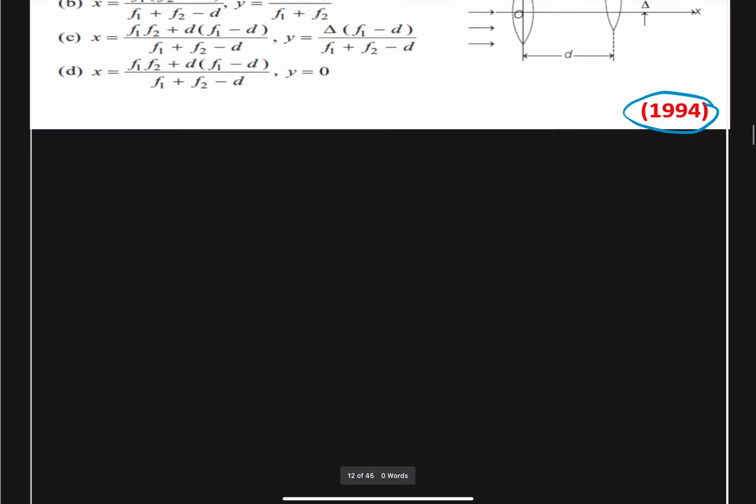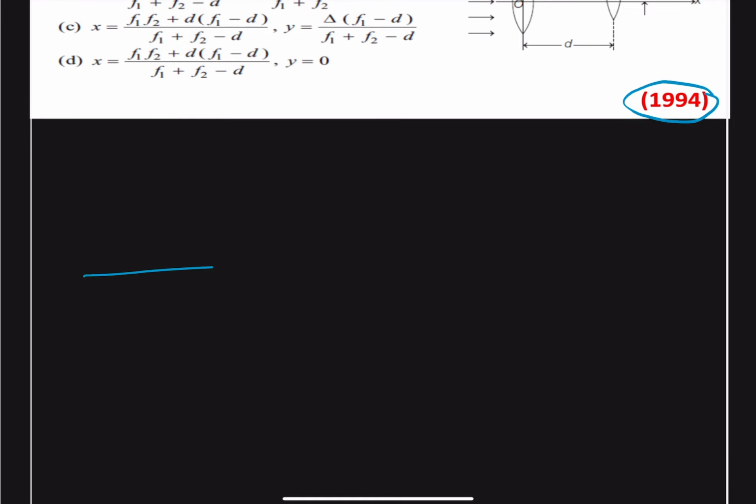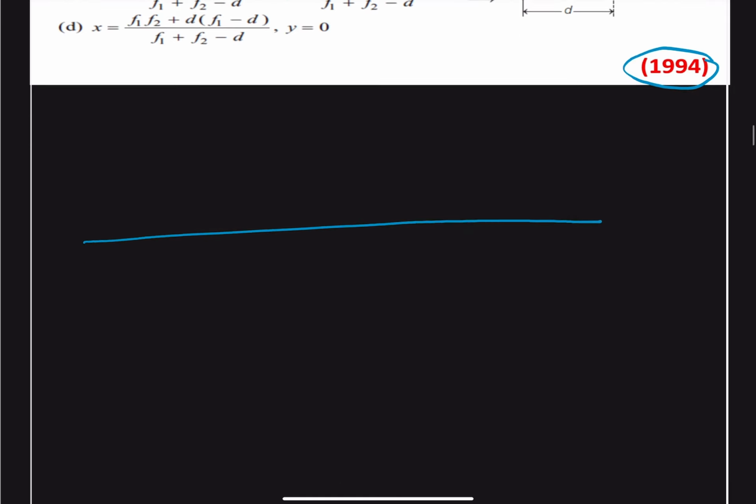So we have a central axis, we have the first lens, and it is given that the axis of this lens is acting as the origin. So this will be our y axis and this is our x axis. And the second lens has its axis shifted by delta.